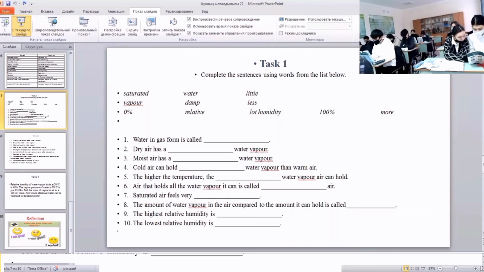Example number 1. Let the humidity of water vapor in air at 20 degrees Celsius be 40%. The vapor pressure of water at 20 Celsius is 33 Pascal. Find the mass of vapor in air in a 100 cubic meter room. How much additional water can be evaporated in the same room?